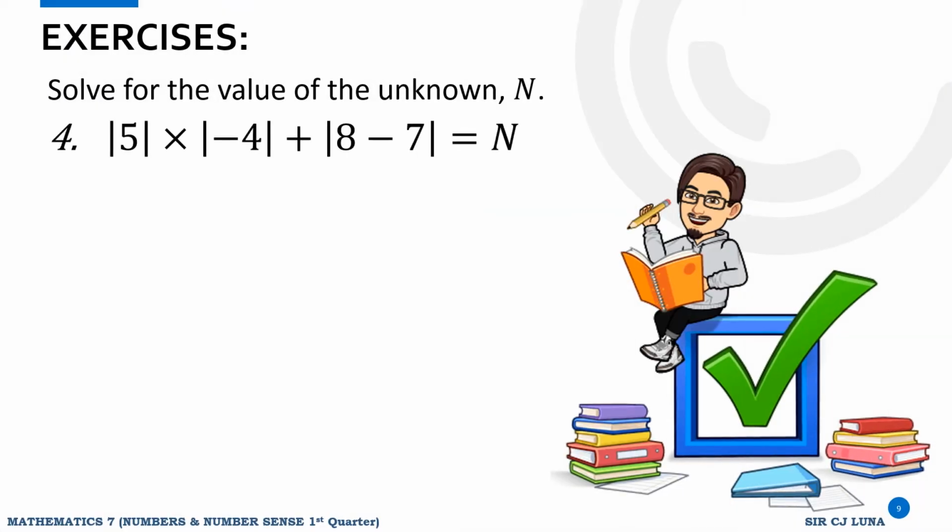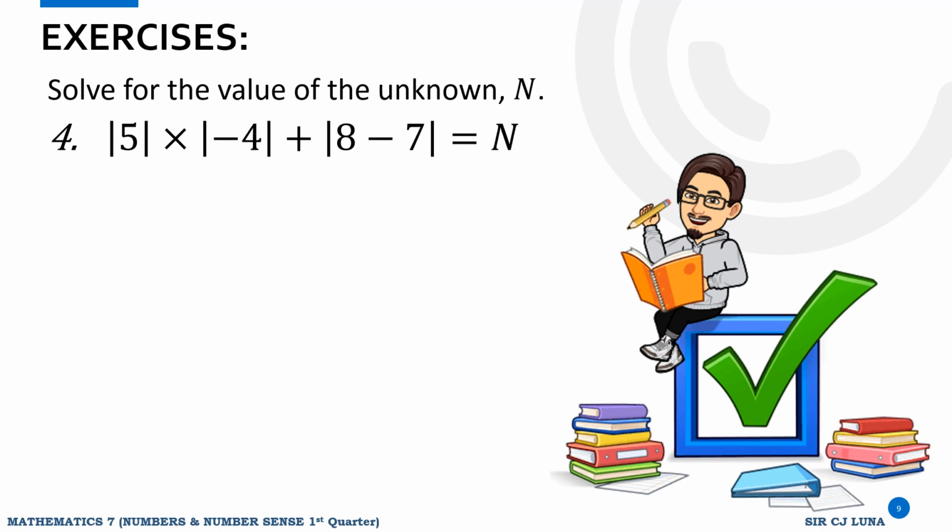Number 4. Okay, dito, meron tayong series of operations. Okay? So, paano kaya to? Mukha siyang mahirap? Hindi. Kayang-kaya nyo ito sagutin. So, isa-isahin natin. We have the absolute value of 5 times the absolute value of negative 4 plus the absolute value of 8 minus 7 is equal to n.